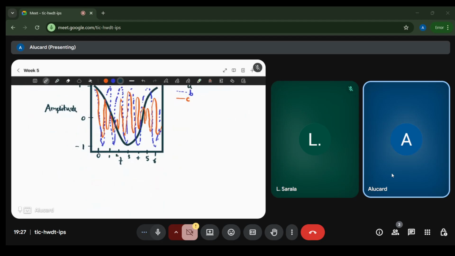For this you have to refer to lecture 19 notes.